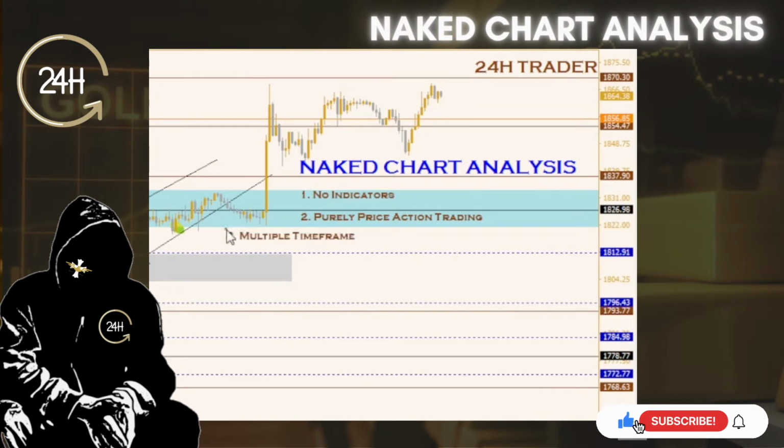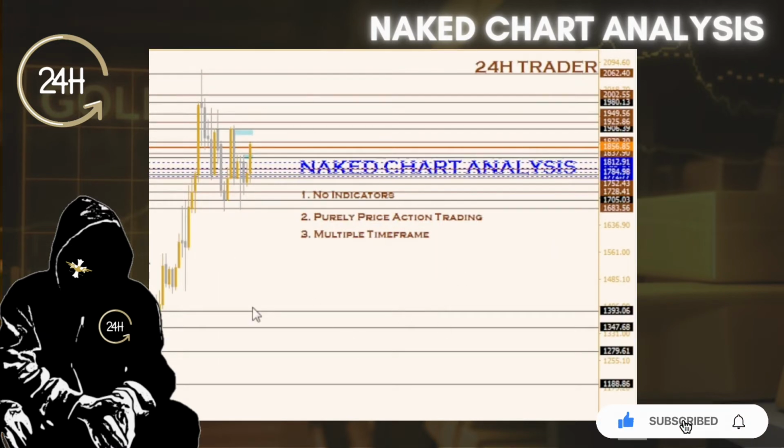And number three, it is multiple time frame. As I said previously, we use multiple time frame analysis, and I'm using the rules of 30. So I trade mostly on the H1 time frame. First of all, of course, I need to check the monthly time frame first, to see if there's any support or resistance area, any schematic, because I'm using the Wyckoff schematic.